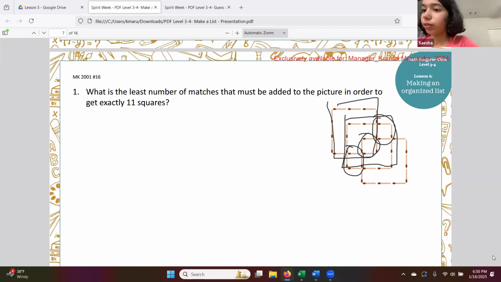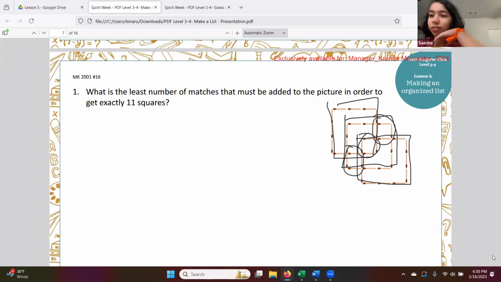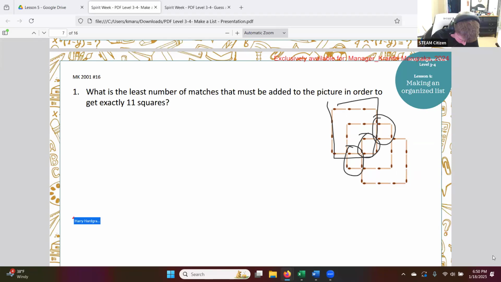I'll do that for you. I got a pen. Okay, sure. If it will connect at least. There we go.